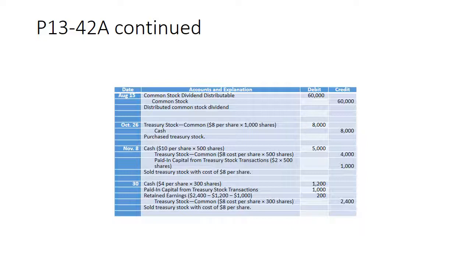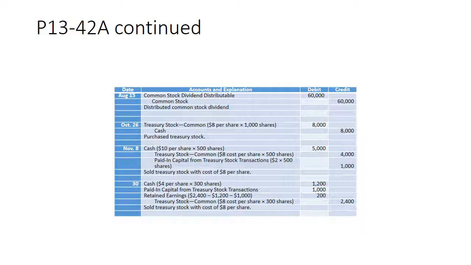How do we account for that loss? We don't debit a loss on sale account. No. What we do is we ask ourselves, do we have a paid-in capital from treasury stock transactions account? If we have one, we debit that account till it reaches zero.